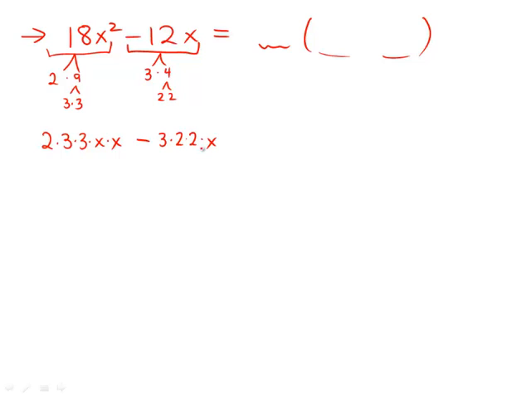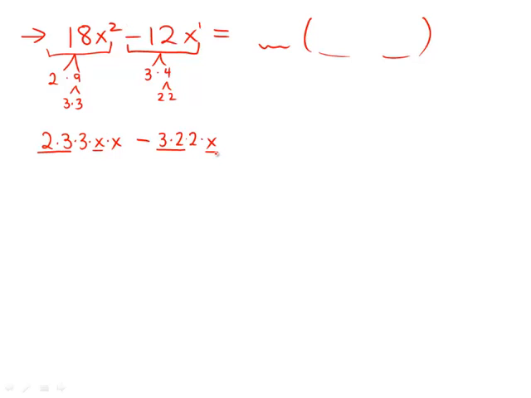So we've broken it down, and you can notice that there are some common factors in both bins. You have a 2 times a 3 in both. So what that tells us is that both of these numbers could be divided evenly by 6. They could also be divided evenly by an x. You'll notice eventually that when you're looking at your variables, you can look at basically the lowest exponent, exponent 1 versus exponent 2.